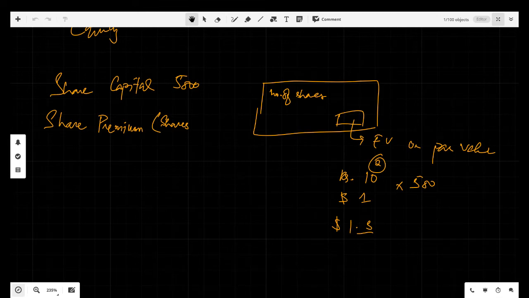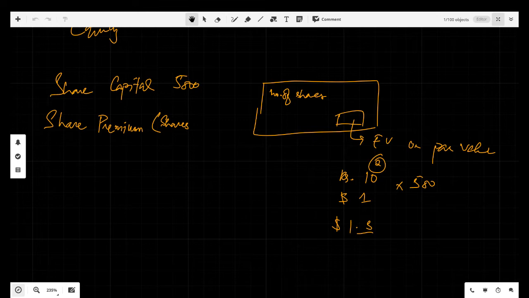So it could be that sometimes the shares it offers are at a premium price, and sometimes these shares are issued at par value. All right. Yeah.